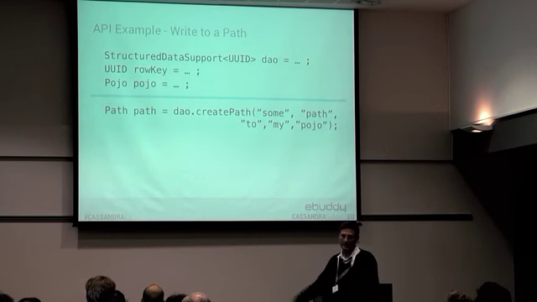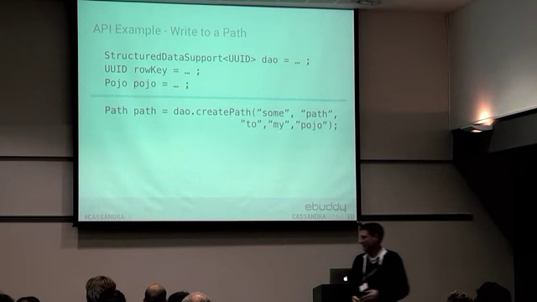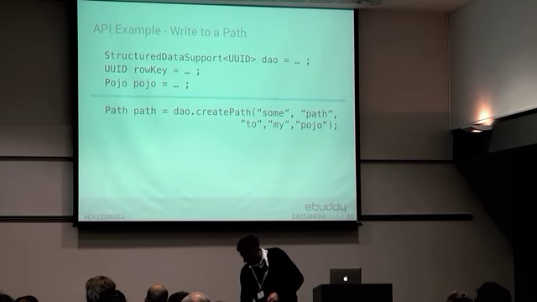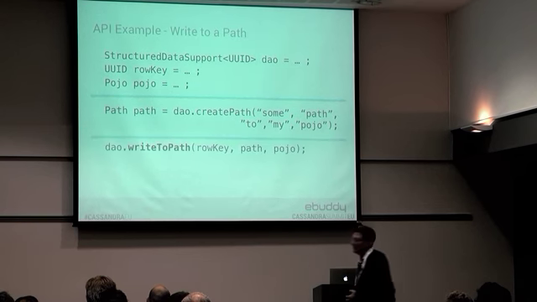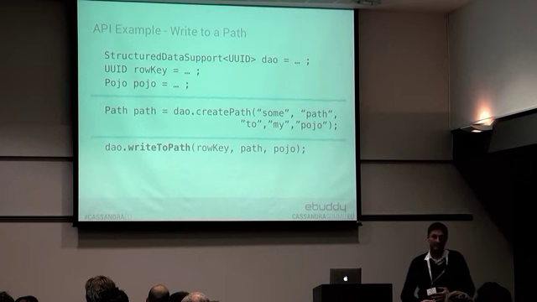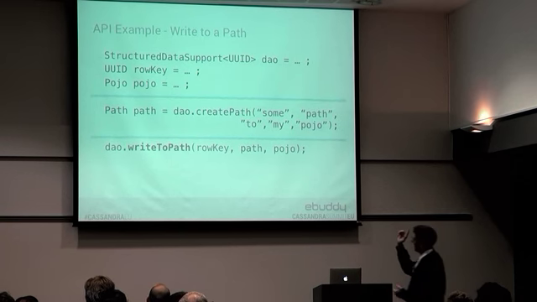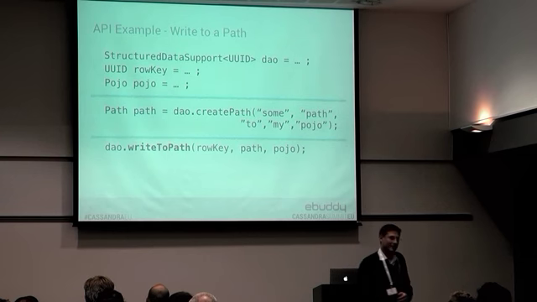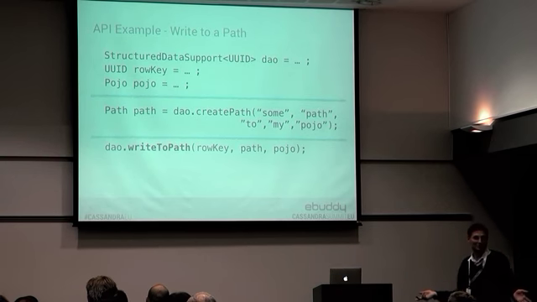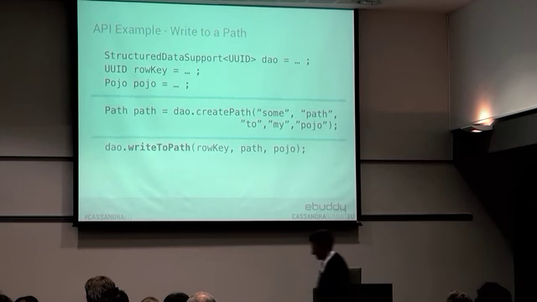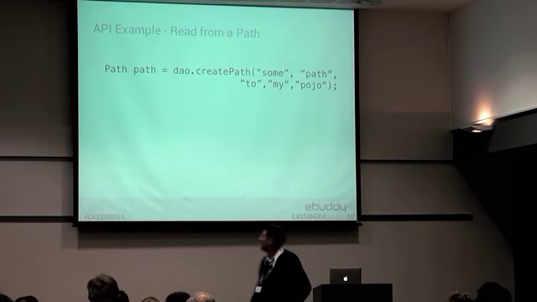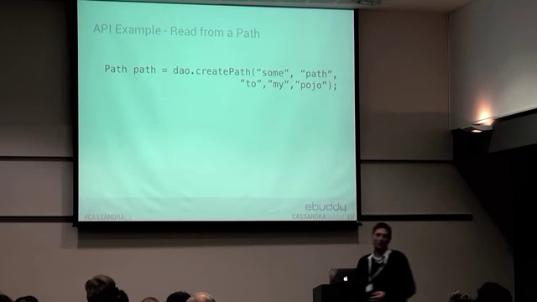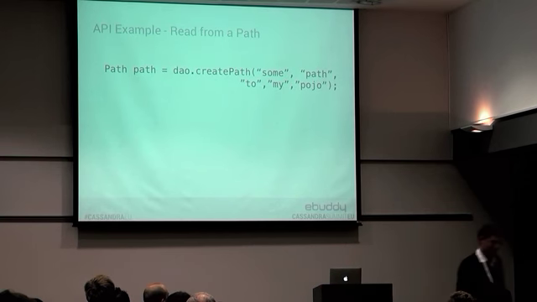So X, Y, Z. You can make it as long or short as you like. And then with that path, you just call write to path and give it the row key, the path, and your POJO. And it does the right thing with a little bit of help, perhaps. And we'll dive into that a little bit.